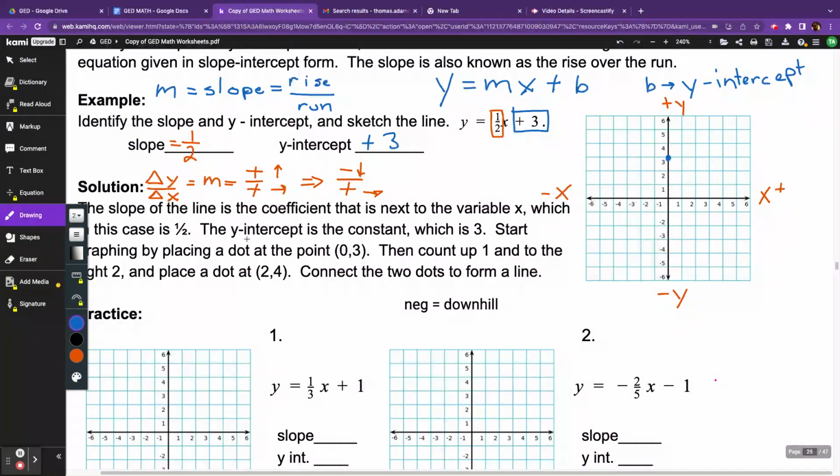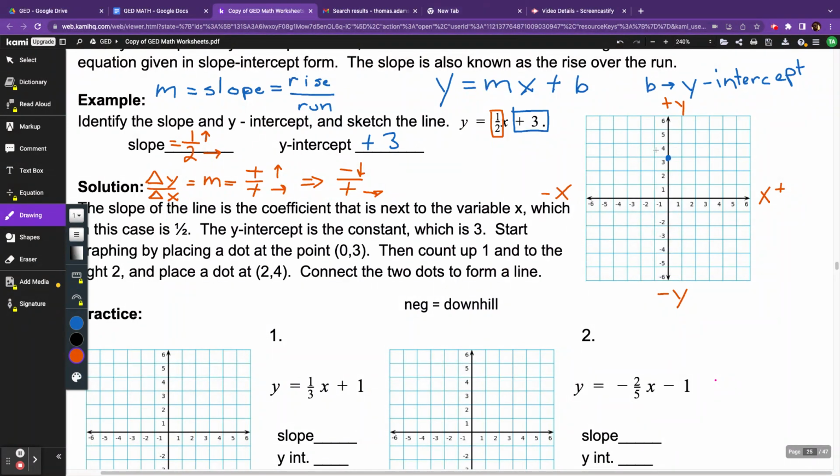From there, I'm going to go up 1 value. I'm going to go up 1, and then I'm going to go over 2.